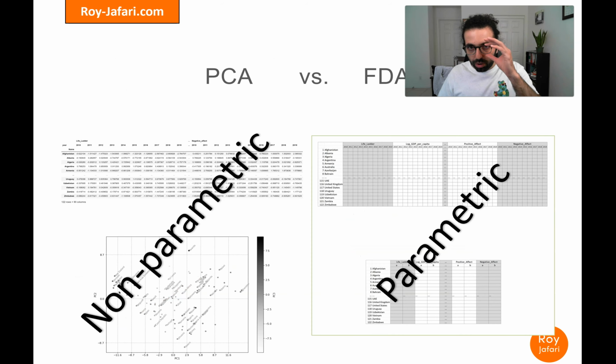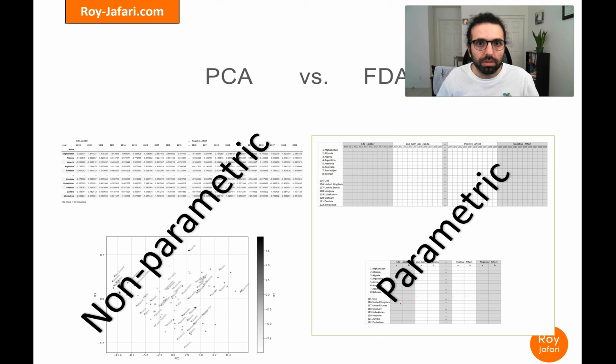So looking at these parameters like a and b, now for each country we have an a and a b for each of these happiness indices, right? We know where the country was and the slope of change. So these are parameters that have meaning we can use for analysis.